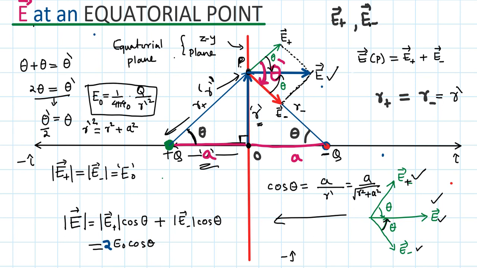So there you go. Now we have a replacement for E0 and a replacement for cos theta. What we want to do is combine these two together and find the resultant. Let us do that right now. We know the magnitude of the resultant electric field was found to be 2 times E0 cos theta.